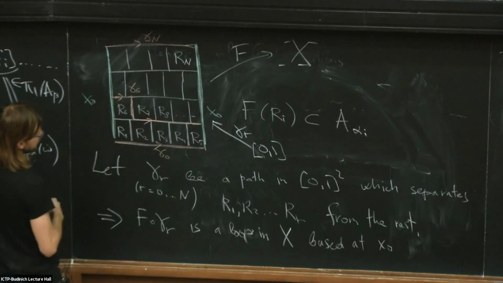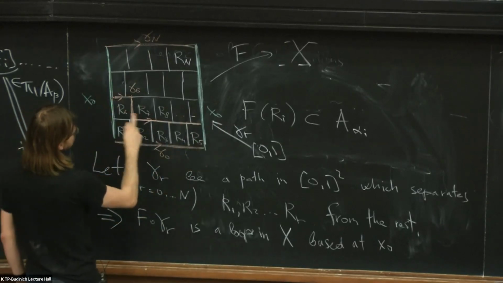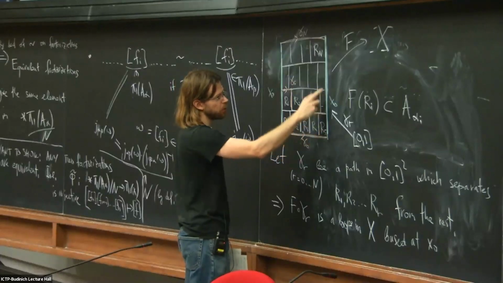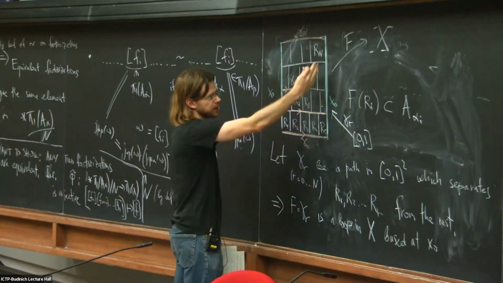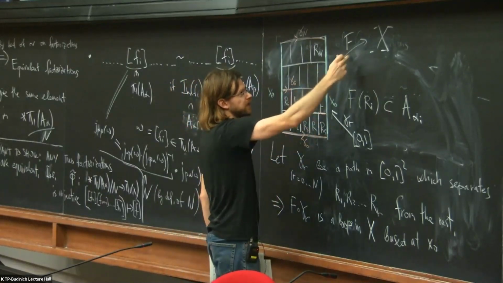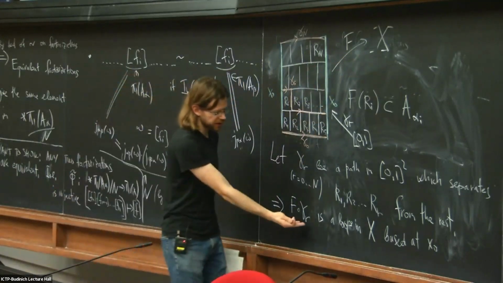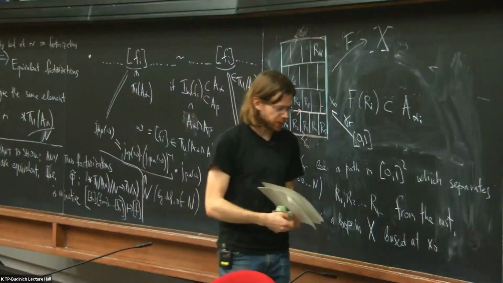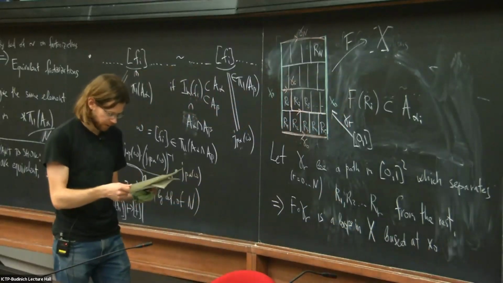Because for gamma r, the initial point lies on this edge of the square, and the terminal point lies on the other vertical edge. But we know that the vertical edges map under f to the same point x0. So for this composition, the terminal and the initial point will be the same, equal to x0.